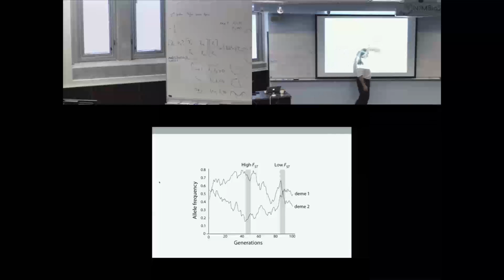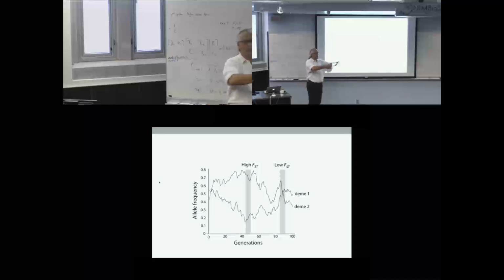Or you might have by chance sampled them at a point where they were similar, and in that case it would have a low FST. Now, we're not actually measuring things at different points in time, but when we measure different loci, each one we're catching at some point during some temporal cycle like this, and that generates some distribution.